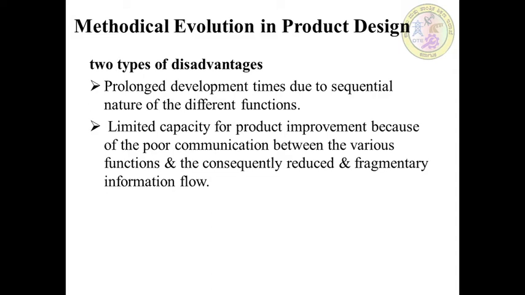So these are two disadvantages of the methodological evolution in product design. We need to understand these disadvantages along with the advantages, combine them, and extract our own properties, so that product design and evolution give a good outcome.